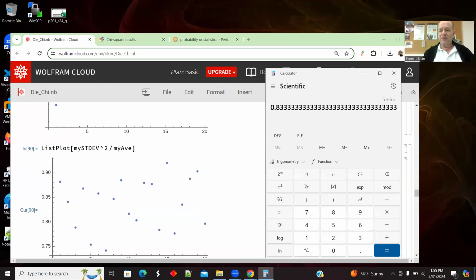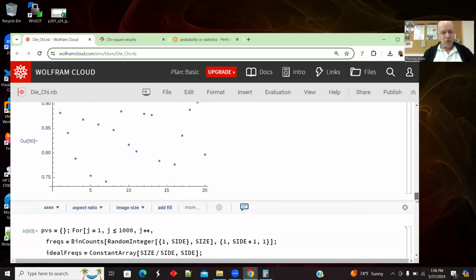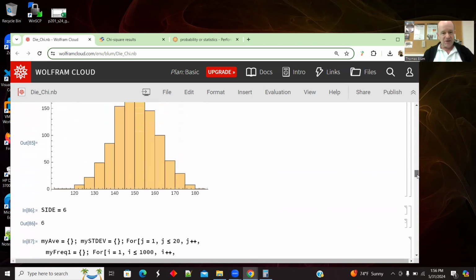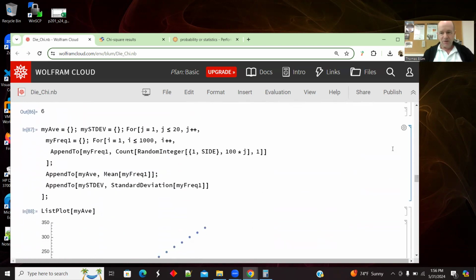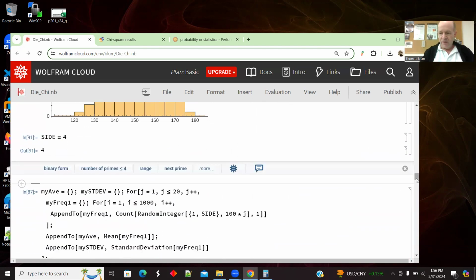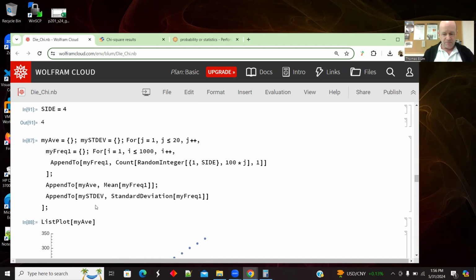And remember, my number of sides of dice was 6, and this seems to be 5/6. So it's hovering around 0.83. Let's see if that is really true by changing to a 4-sided die, and then run this.